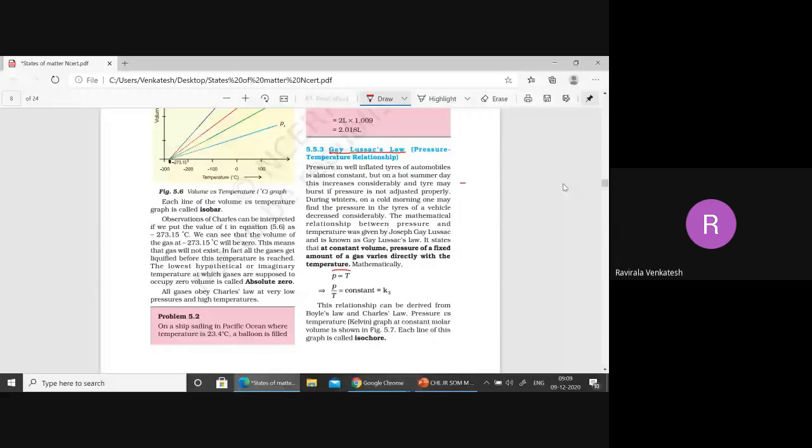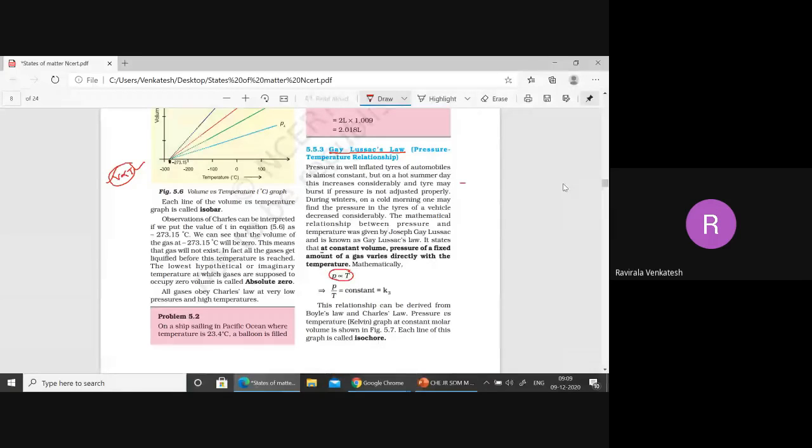In Charles' law, volume is directly proportional to temperature. When temperature is increased, volume also increases. According to Gay-Lussac's law, when you increase the temperature, pressure also increases.